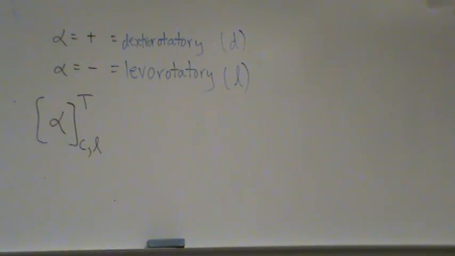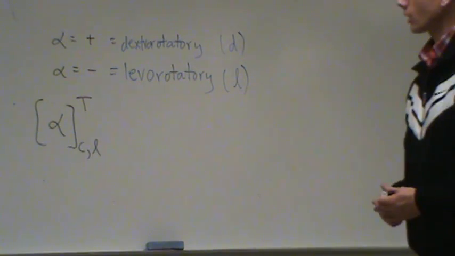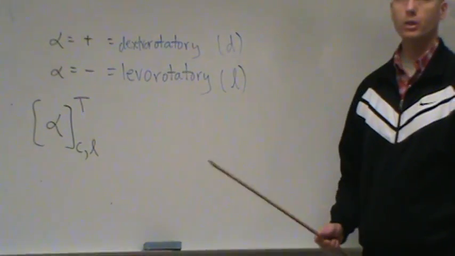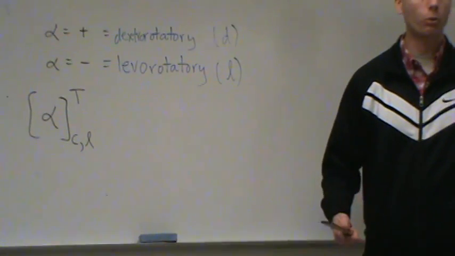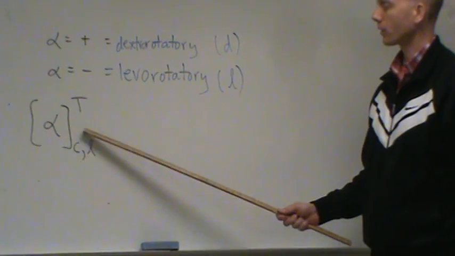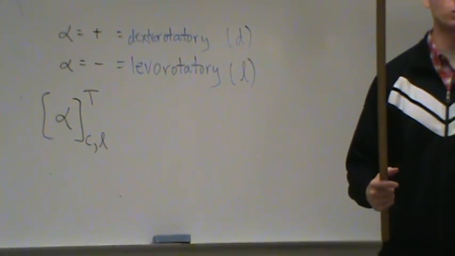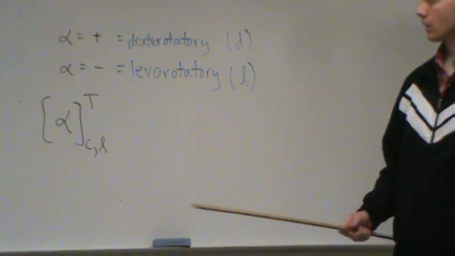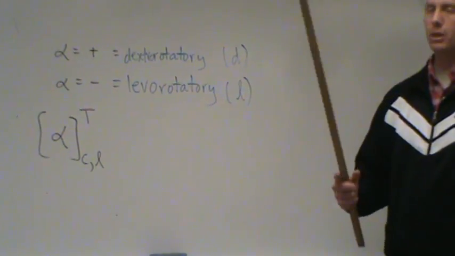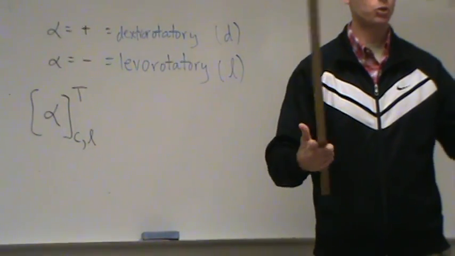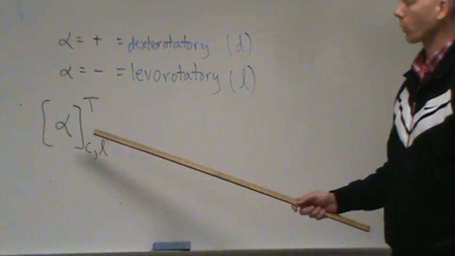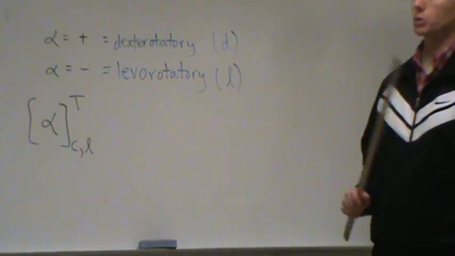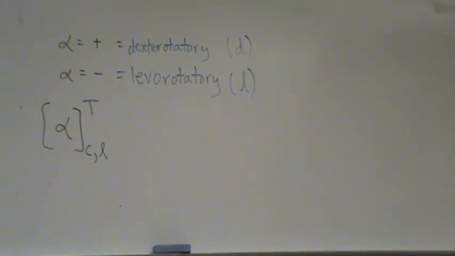So an alpha value varies depending on the temperature of the experiment. So I have to report what temperature I did. It varies on the concentration of the chiral solution. If I have a dilute or concentrated, that will change the alpha value. And it also depends on the length of the tube. Short tube, long tube, that'll change the alpha value. So I have to report all of these so that somebody who wants to repeat the experiment knows what parameters I did it under.